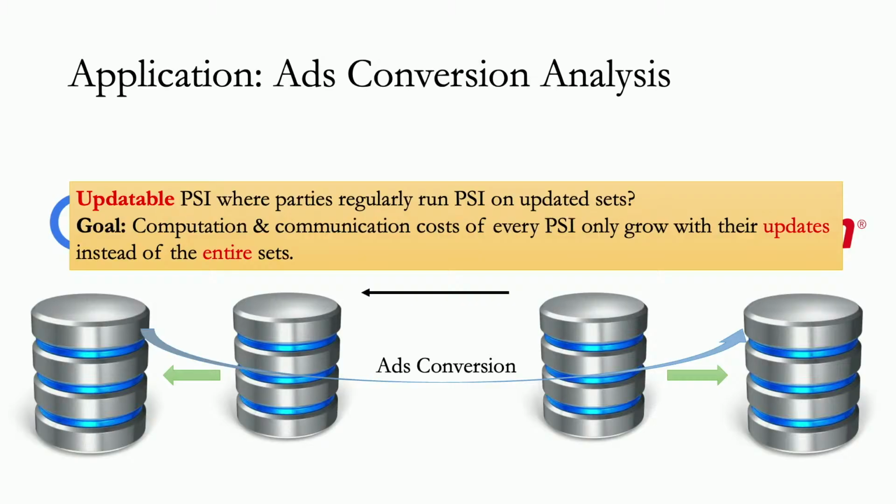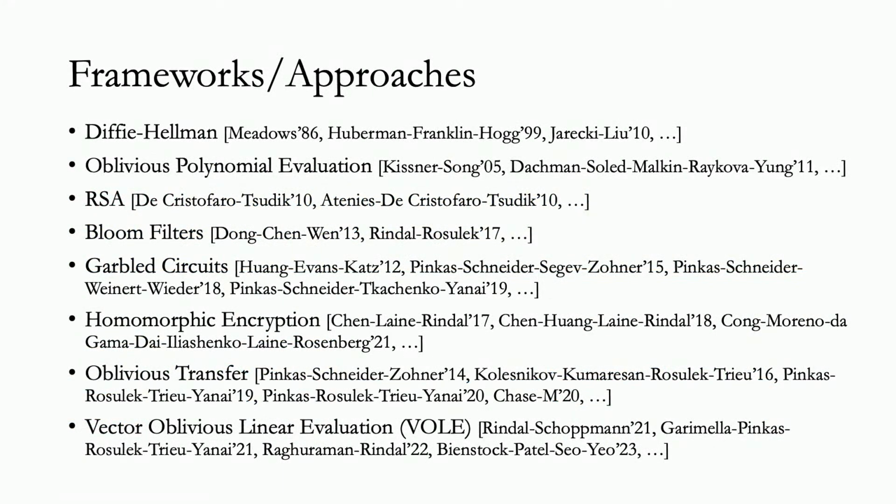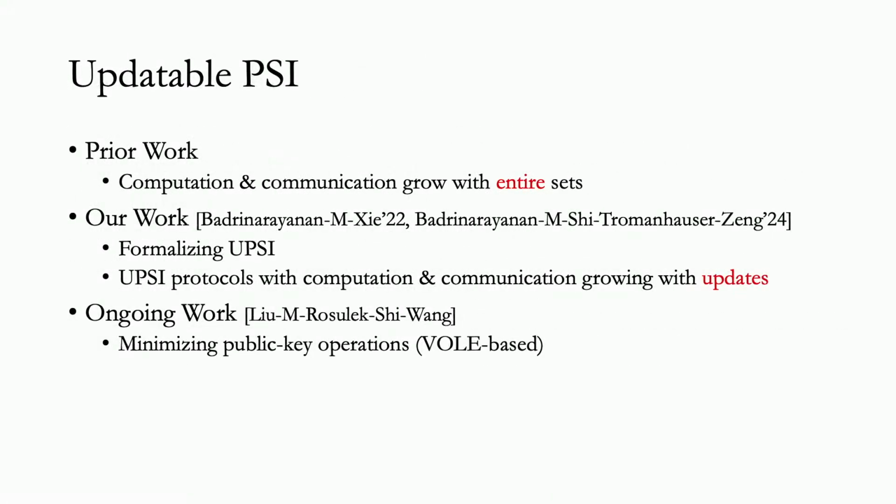If you look at the PSI literature, there has been tons of work, all the way starting with the Diffie-Hellman-based PSI to the state-of-the-art vector OLE-based PSI, which I will talk more about later. But if you look at the existing frameworks and approaches, both the computation and communication have to grow with the entire sets.